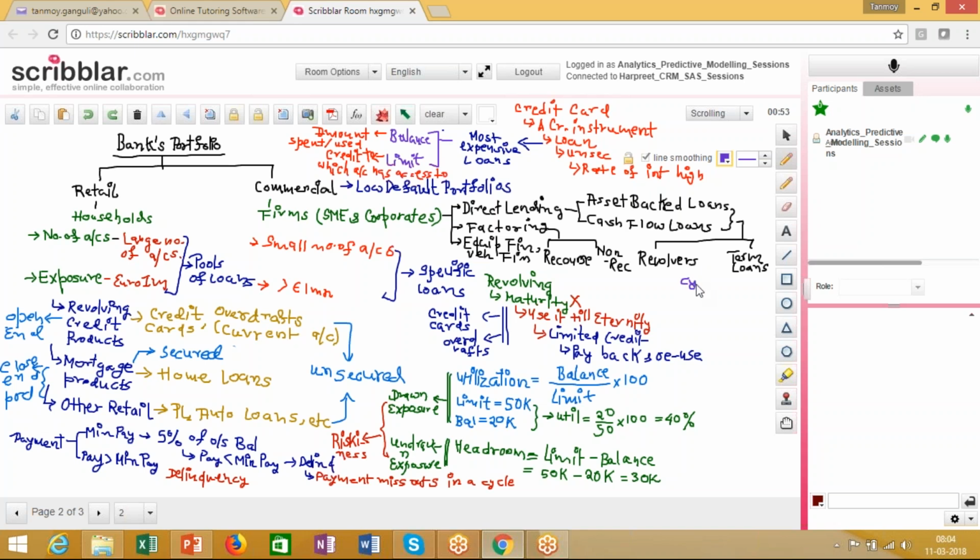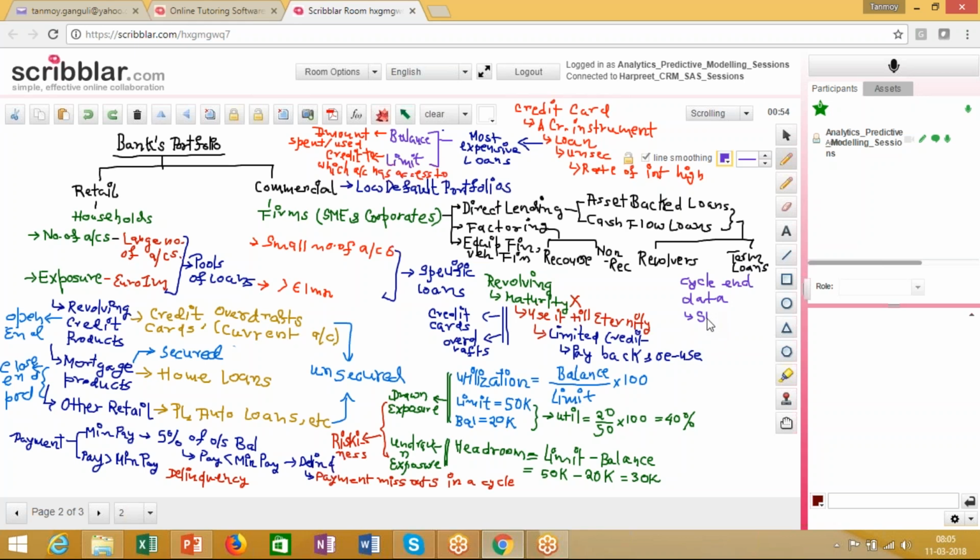So this payment cycle for credit cards is actually very important. Cycle end, or as we call it, statement end data.